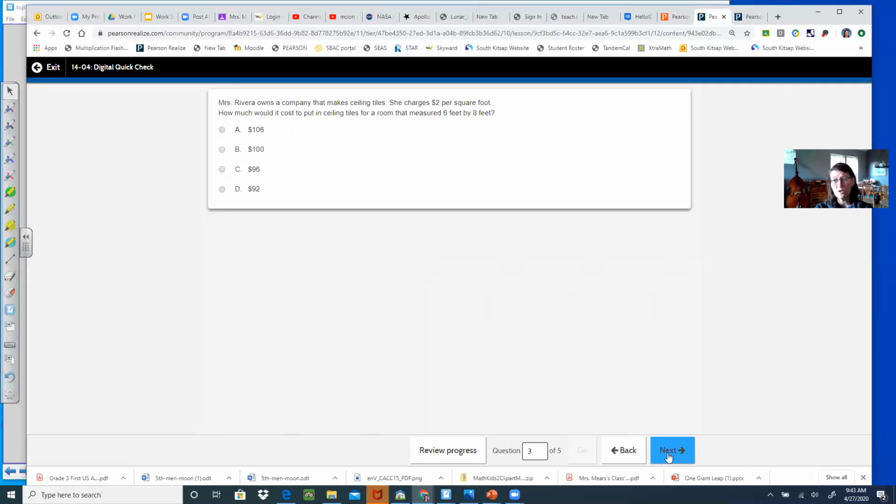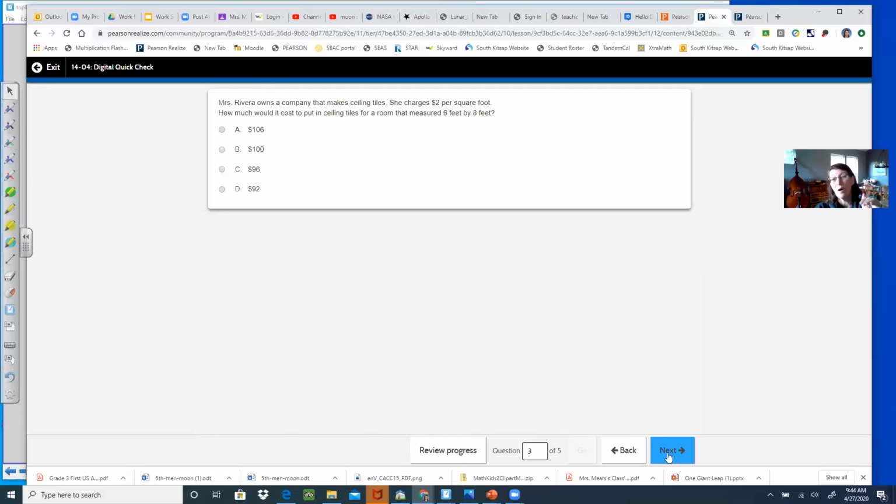So first we have to find out how many square feet the ceiling is in that bathroom. So jot down A equals length times width. Then in your next row, A equals 6 times 8.